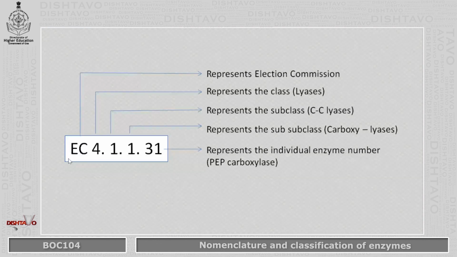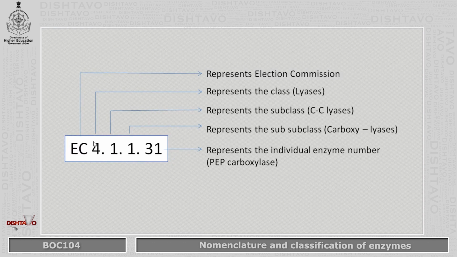This is an example. In this slide, the code of the enzyme EC 4.1.1.31 represents the enzyme PEP carboxylase, wherein EC represents Enzyme Commission.